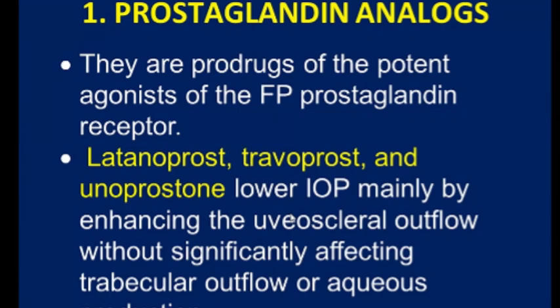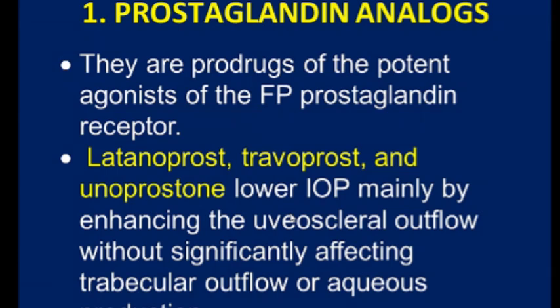While uveoscleral outflow means the drugs affect the ciliary body to absorb the aqueous humor so that it drains through the ciliary body and the sclera out of the eyeball. So either the aqueous humor drains through the sclera and ciliary body, or through the trabecular meshwork.